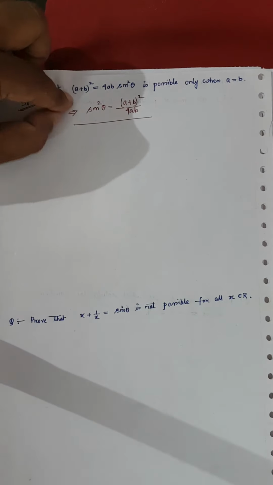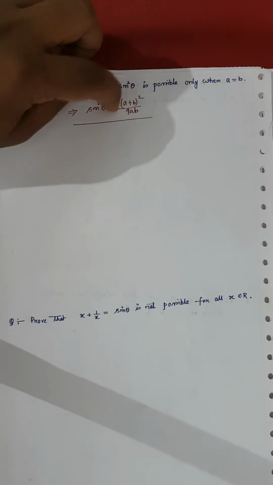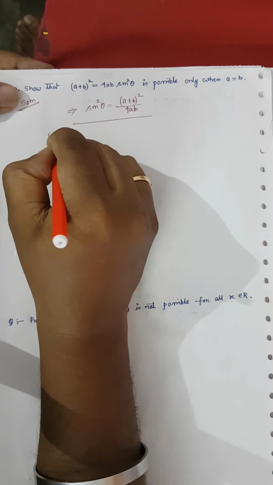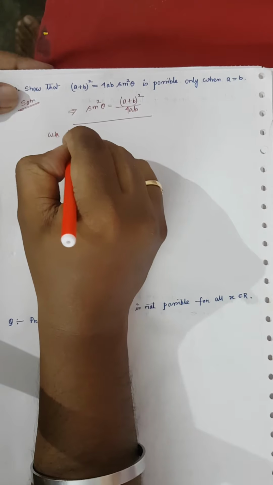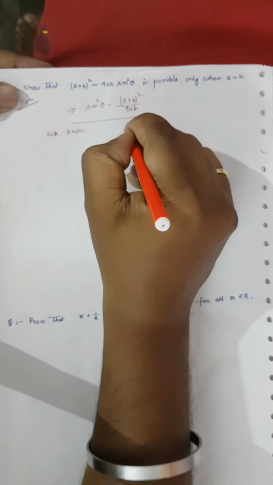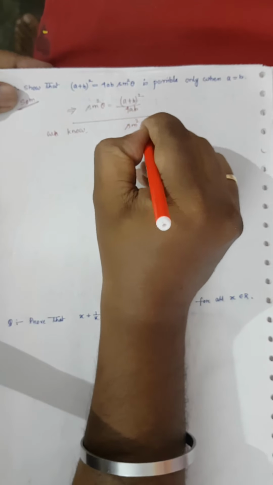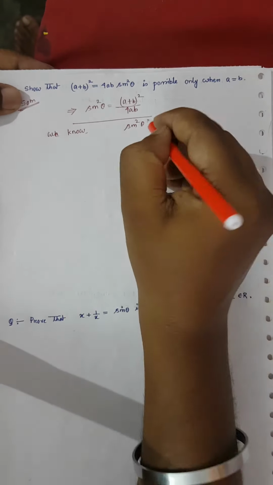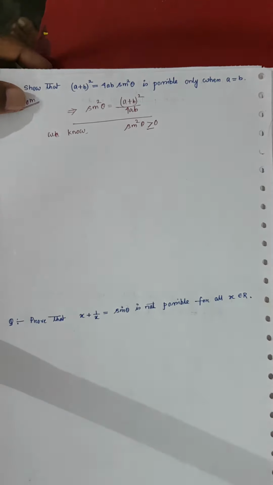Okay, so solution. From this we get that sine square theta is equal to a plus b whole square by 4ab. After squaring, everything becomes positive. So we know sine square theta will always be greater than or equal to 0, because after squaring a number becomes positive.